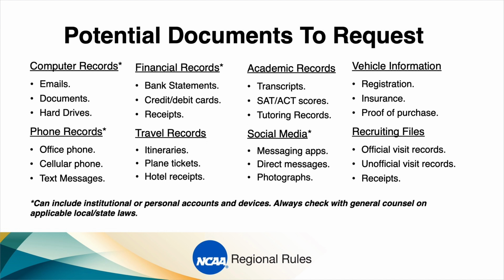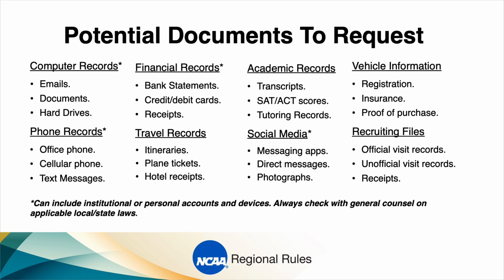This slide includes examples of computer, financial, academic, vehicle, phone, travel, social media, and recruiting files that could be helpful in your campus investigation. While you would not need to request all of these records in every case, keep in mind that some records that aren't directly related to a potential violation, perhaps telephone records, may have helpful contextual information for your investigation.